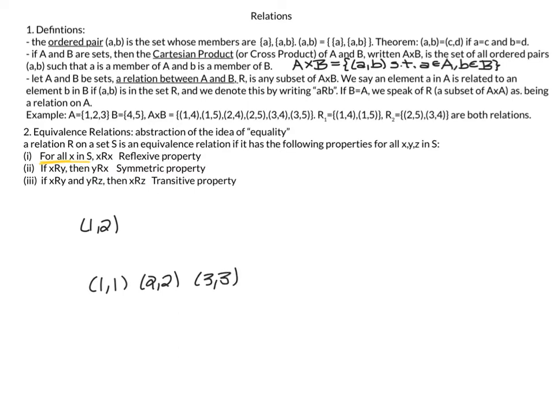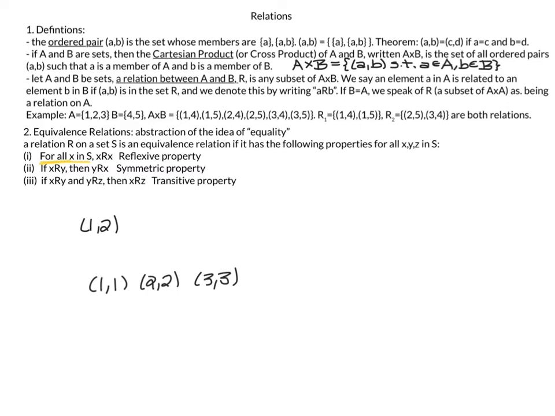So if your relation has no ordered pairs where the second element is different from the first, so if it doesn't look like this, then it is automatically symmetric, because this part of the if is false. You don't have anything following this pattern. And so if the first part of an implication is false, then the implication is automatically true.